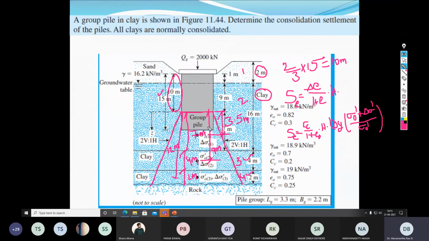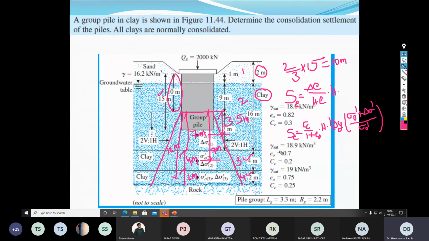So here for the first layer it is 7 meter, for the second layer it is 4 meter, and for the third layer it is 3 meter. And sigma naught dash means initial effective overburden pressure, and delta sigma is increase in effective overburden pressure. So let us try to calculate what is sigma naught and what is delta sigma.